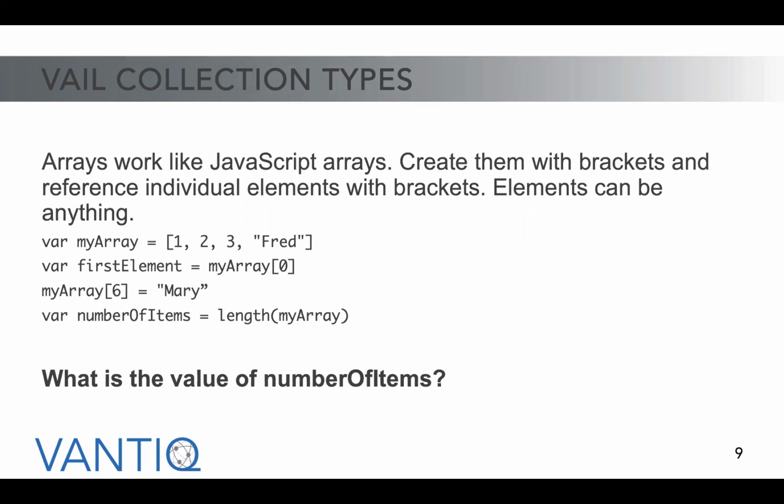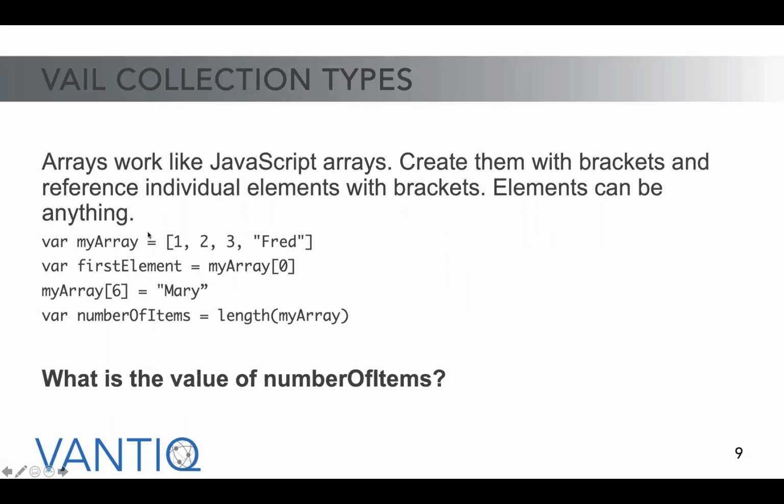We have arrays. In this case, you can create an array just by assigning it to a variable. So var my array equals 1, 2, 3, Fred. We don't have to have an array of everything from a string or everything from an integer. You can have an array of any type of objects.